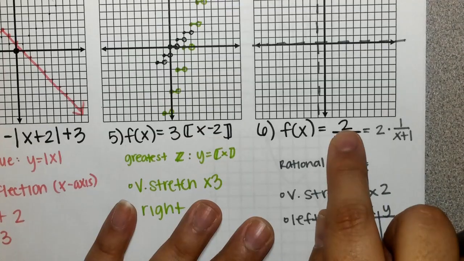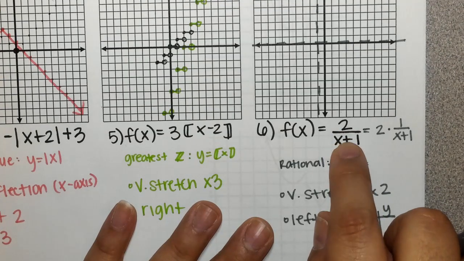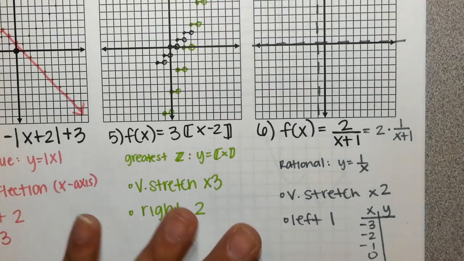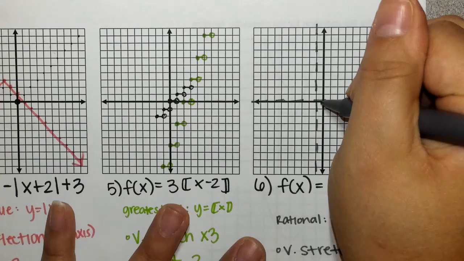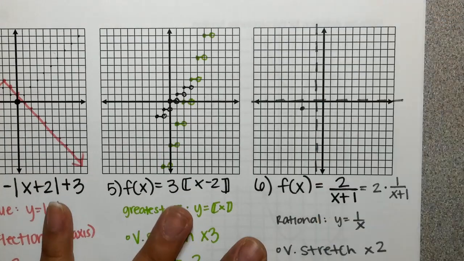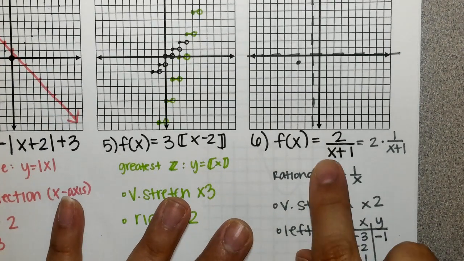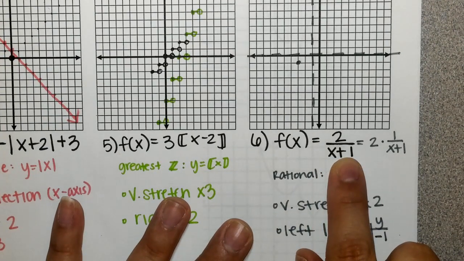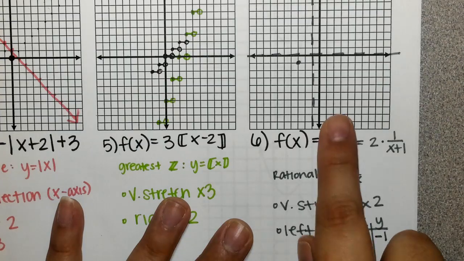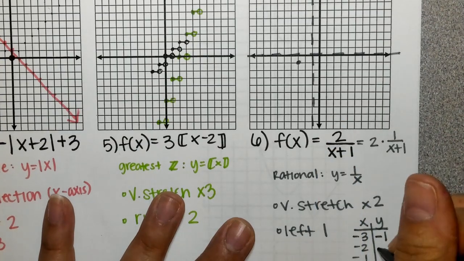All right, -3. If I plug that in here, what is -3 plus 1? What is 2 divided by -2? So I'm going to plot -3, -1. Plug in -2. What's -2 plus 1? What is 2 divided by -1?